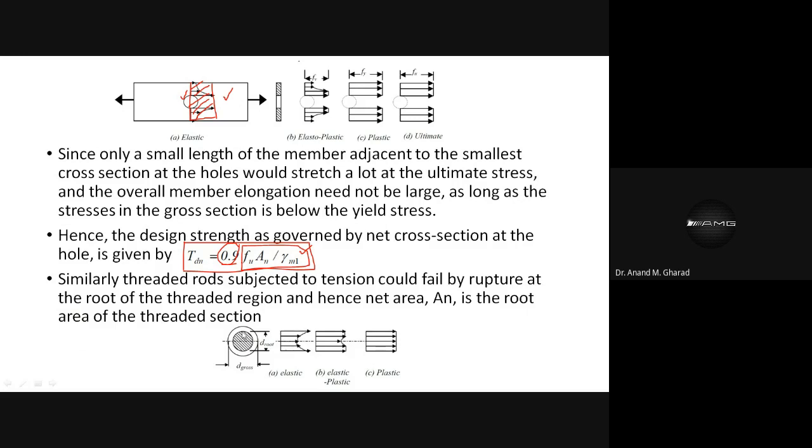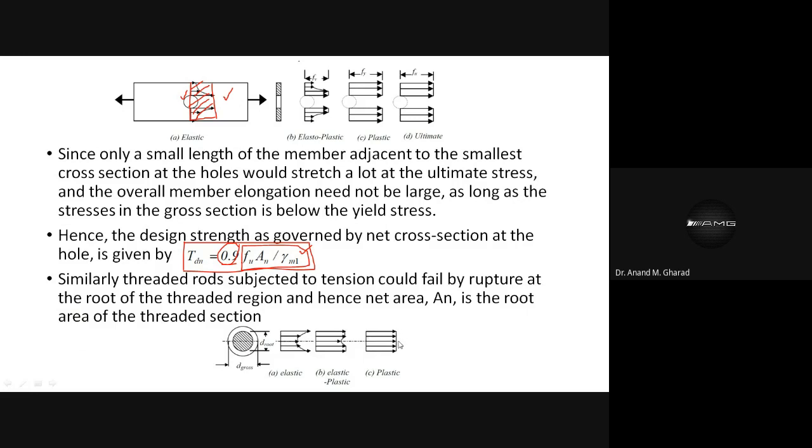That will start from the surface of the bolt, that is the thread, and it will vary linearly in a decreasing manner towards the center of the bolt. But this stress variation under the ultimate capacity will be something of this sort.